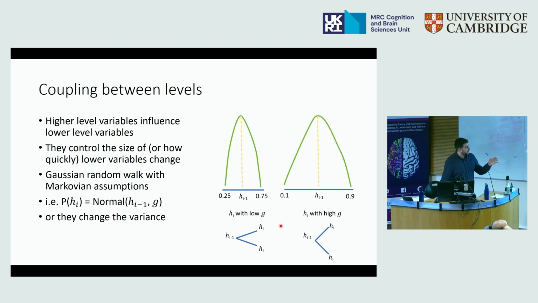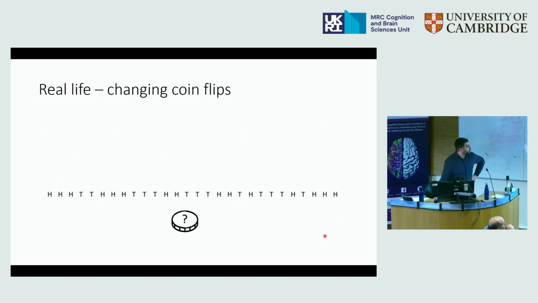Whereas if we have a higher value of g, the distribution is broader, and the hidden state can take much bigger steps. So this is how the high-level variables control the influence of the low-level variables. So that's all very well and good, but does it tell us anything about real life or behavior?